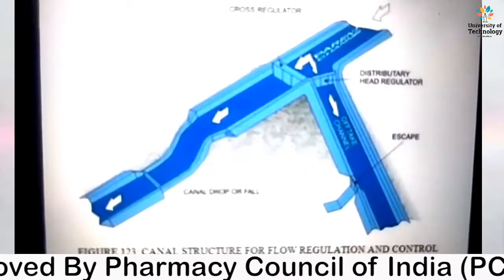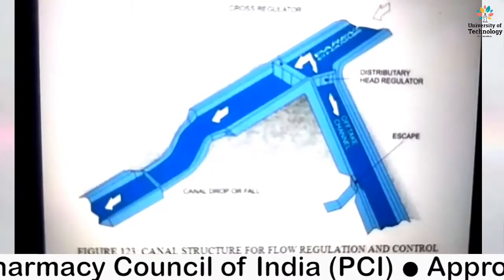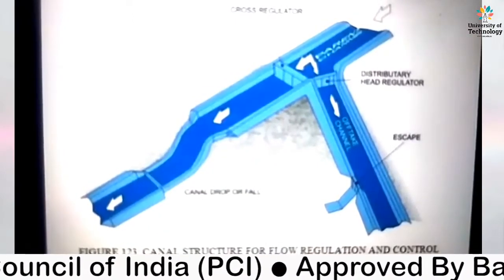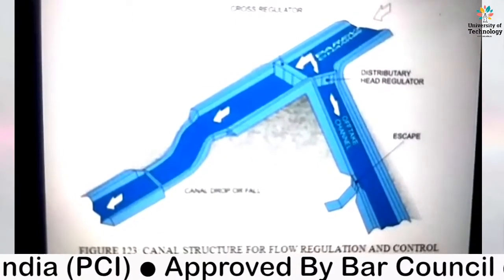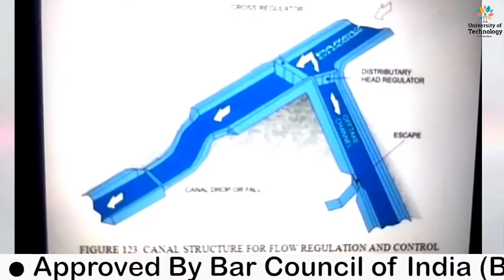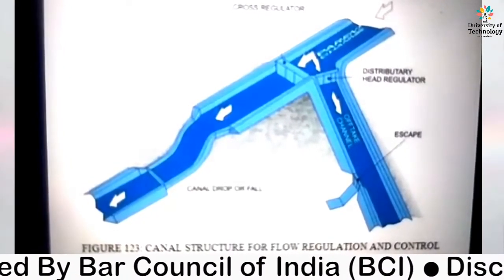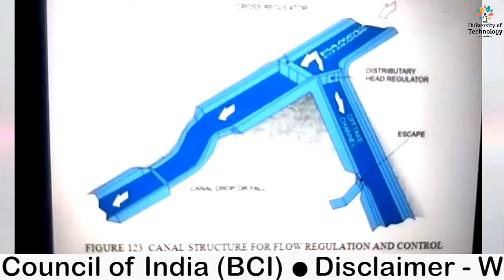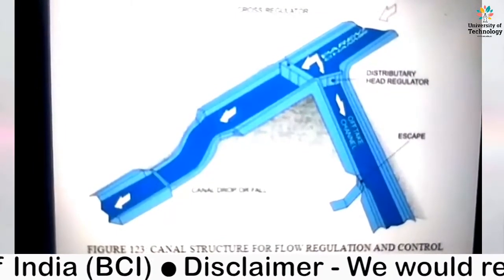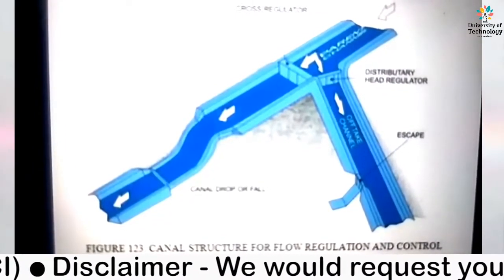From the cross regulator, water offtakes in the other direction, and from the distributary head regulator, water offtakes into the offtake channels.